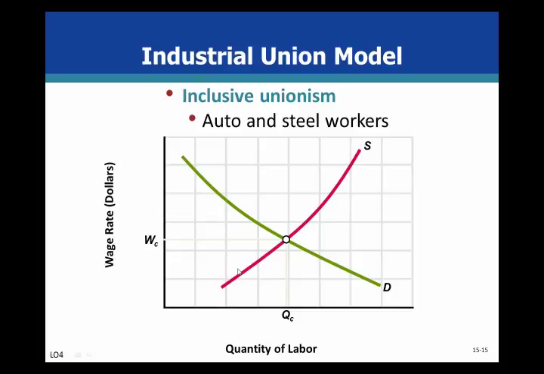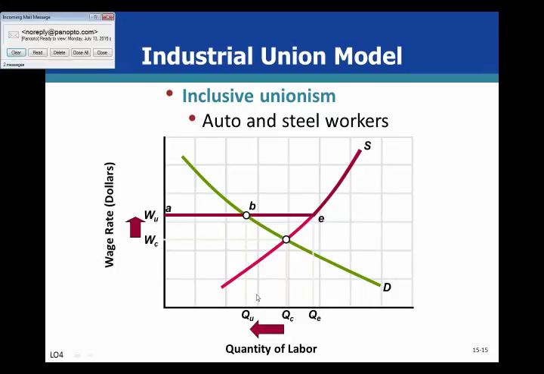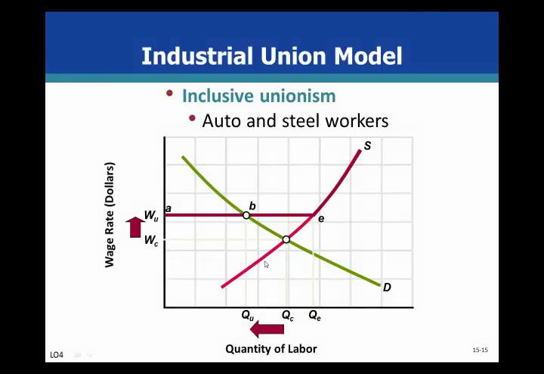Industrial unions, you kind of look at the steel and the auto union, has gone through some major changes. So when we take a look at their competitive wage rate, and then we decide to put in a steel union or an auto union, obviously there's going to be an increase in their wage rates and a decrease in their quantity as well.